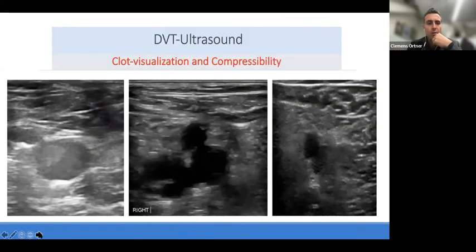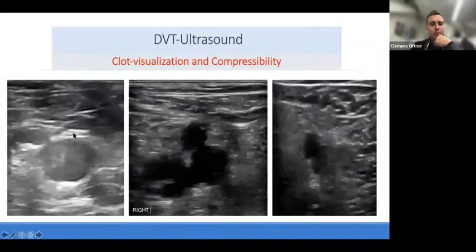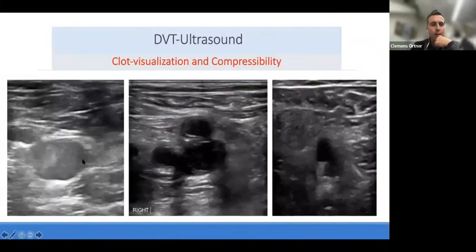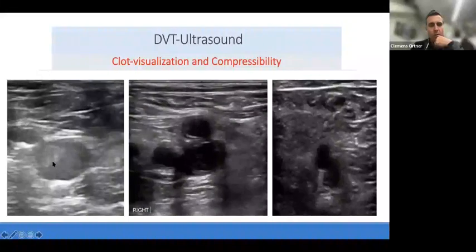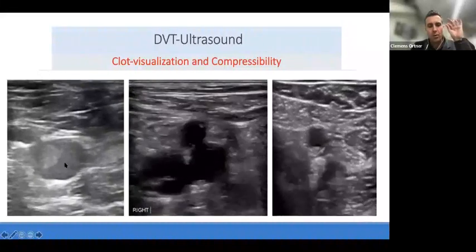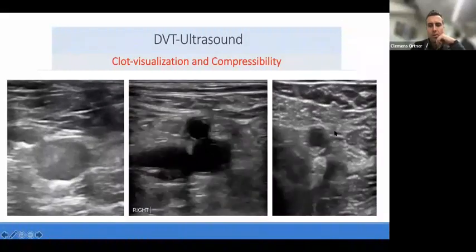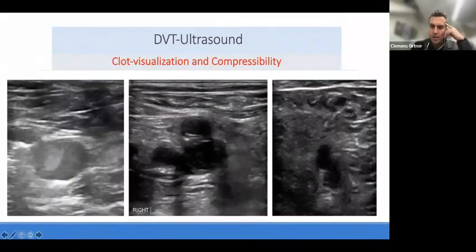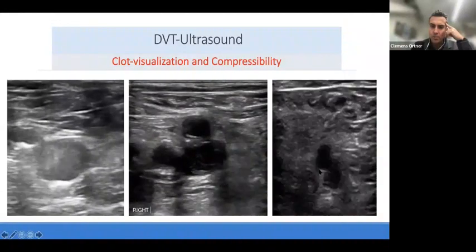So a venous ultrasound: on the big veins, you would look if you find some thrombosis, when you either see the clot, which you can see here on this right image, the lower is the femoral vein, and you see how it is compressible.